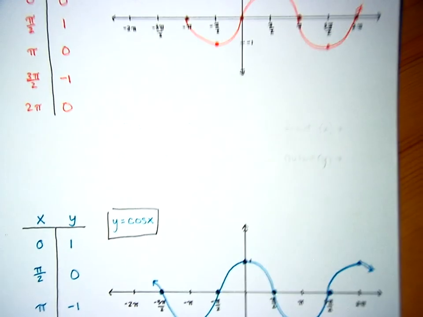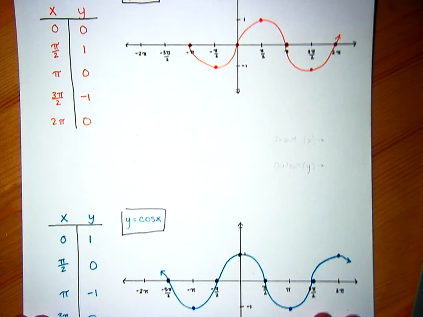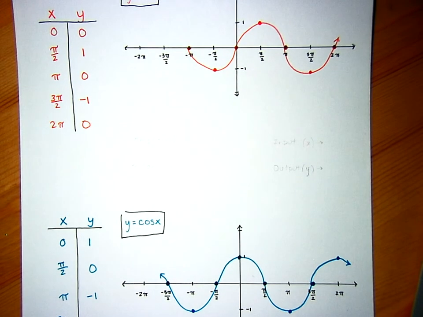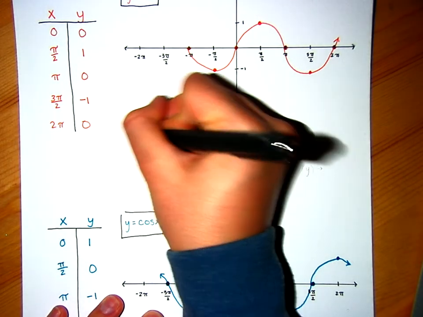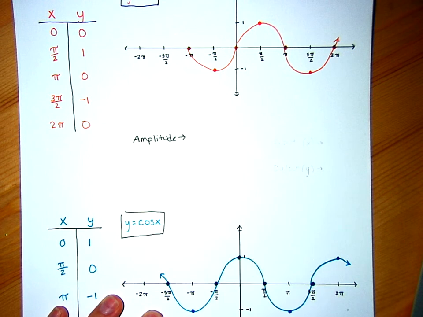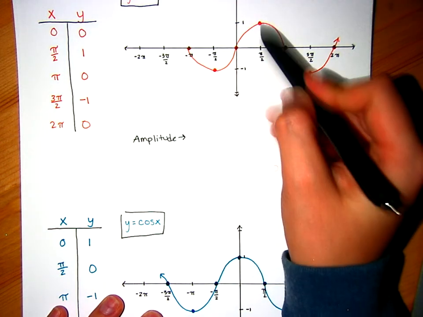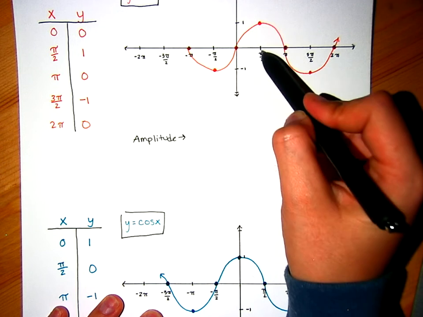So just a few pieces of information we have to remember about our cosine and sine graph when we start to do our transformations is that they have an amplitude and a period. Okay, so our amplitude, we'll start with that. Amplitude is going to be, in simple terms, how tall or how low these curves go.